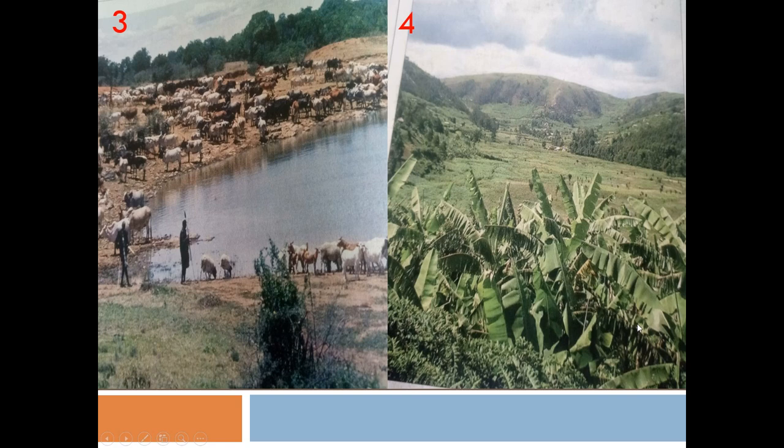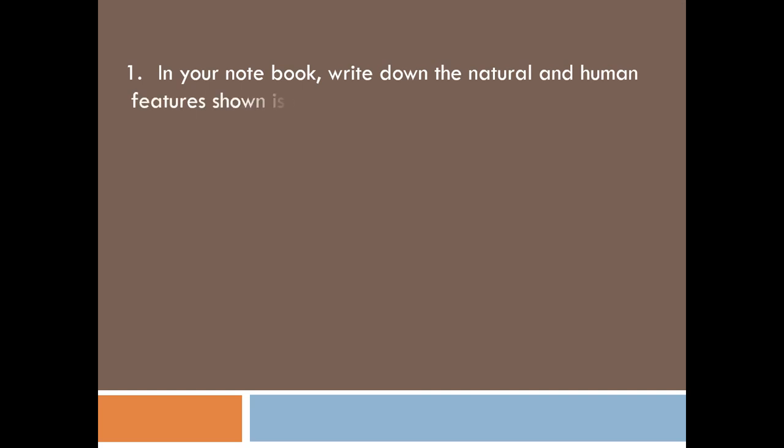We see crops being grown. So we are going to make a relationship between the natural environment and the man-made activities, or the activities which are carried out by man. So in your notebook, I want you to write down the natural and the human features.